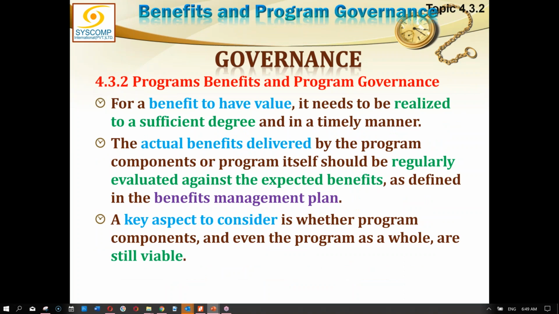Benefits and program governance. For a benefit to have value, it needs to be realized to a sufficient degree and in a timely manner. So again, the same thing. What is the success criteria? As Suhail said, this is the success criteria. The actual benefit delivered by the program components or program itself should be regularly evaluated against the expected benefits as defined in the benefit management plan.